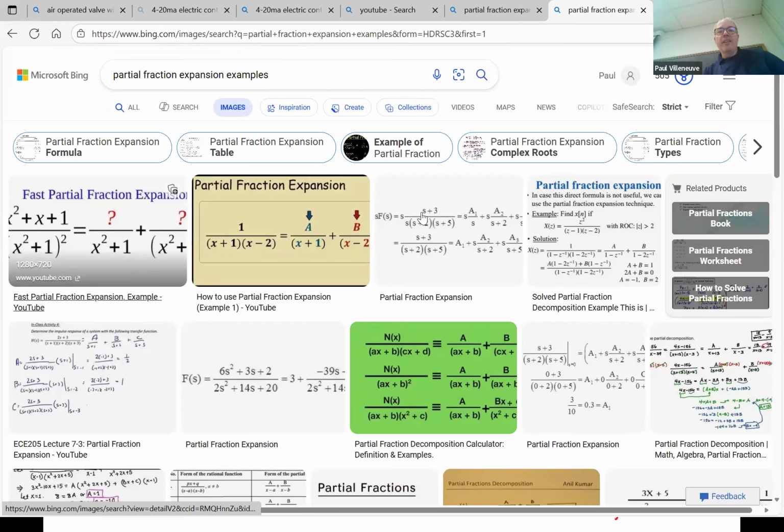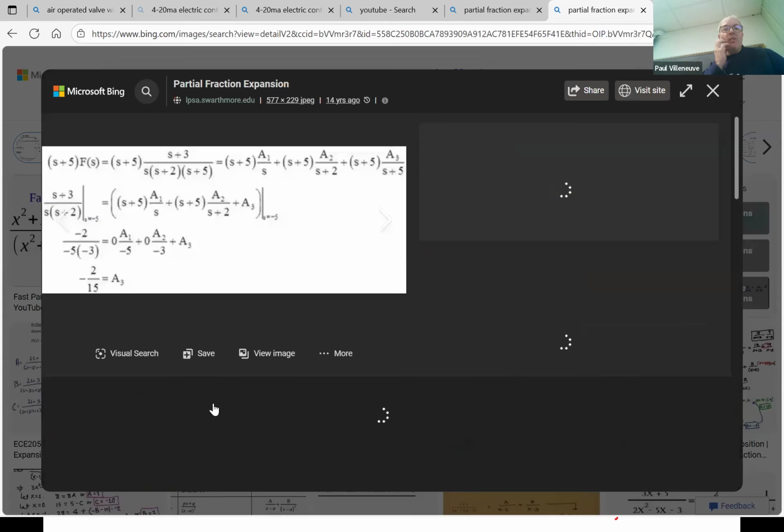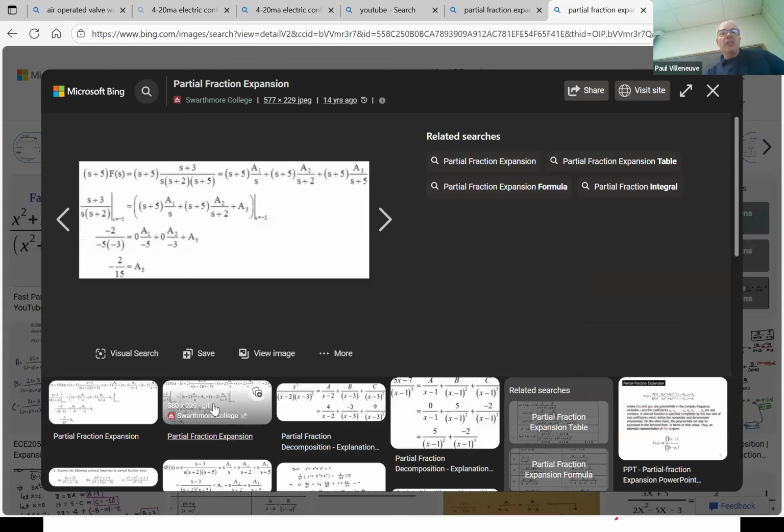So like here's one over here. Here's one here. They have examples, so you can do all kinds of examples. This one actually shows kind of the same way that we're doing it. So yeah, you can find boatloads of examples by looking on the web.